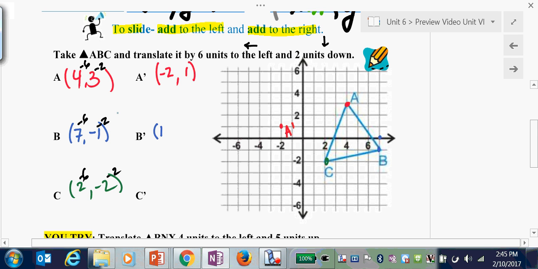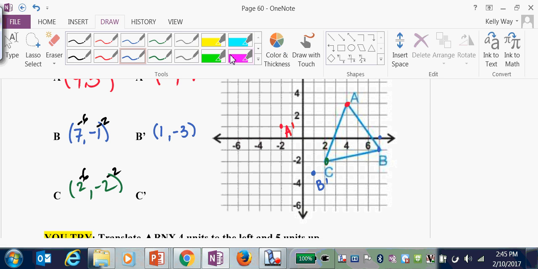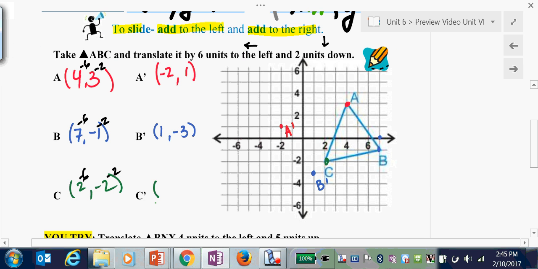Negative 1 minus 2, negative 3, and then plot that, positive 1, negative 3. And that is going to be your B prime. Then we have positive 2 minus 6, negative 2 minus 2, and that's going to be our C prime. And connect.